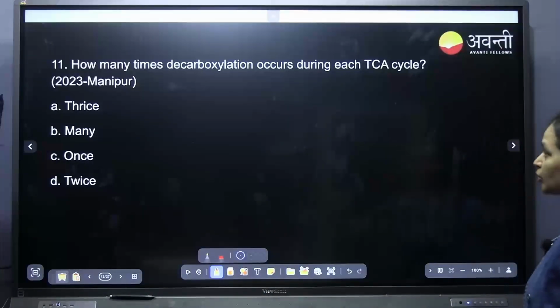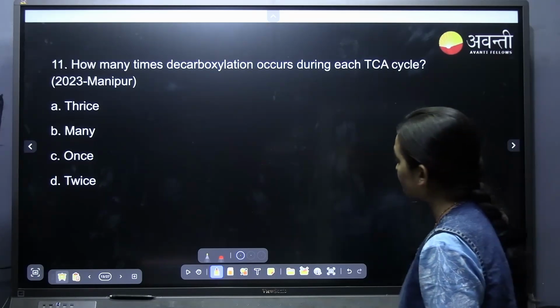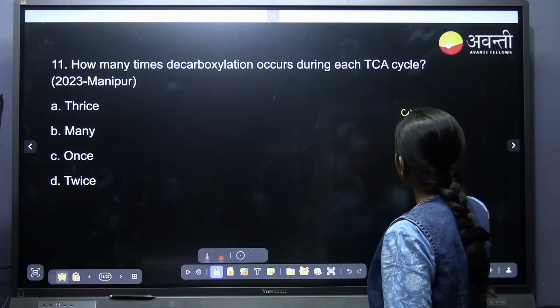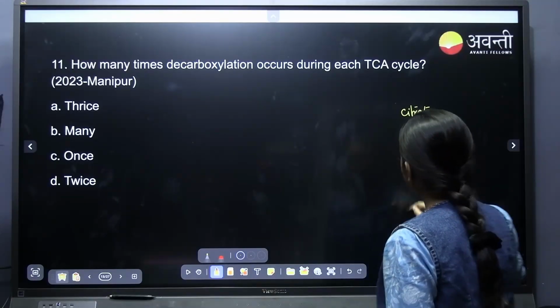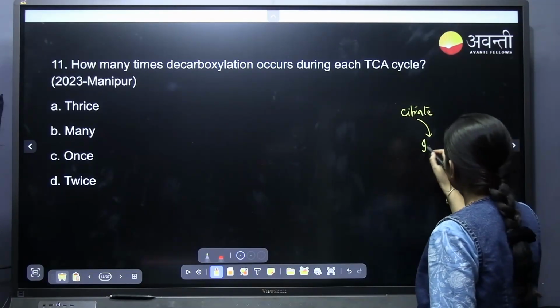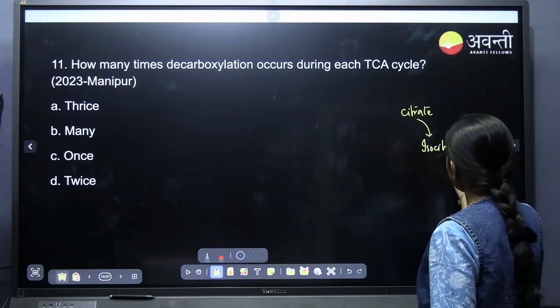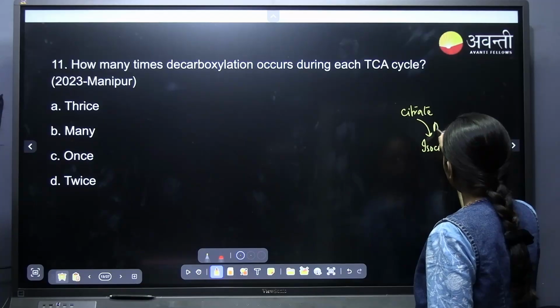How many times does decarboxylation occur in each TCA cycle? In each TCA cycle, how many times does decarboxylation happen? So, when this is citrate, it is converted into isocitrate with the help of which enzyme? Aconitase.